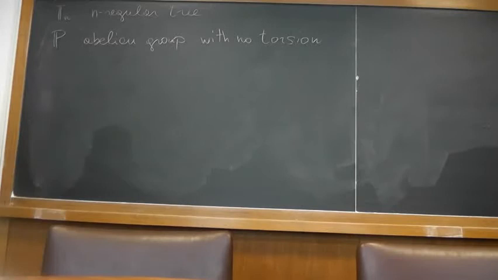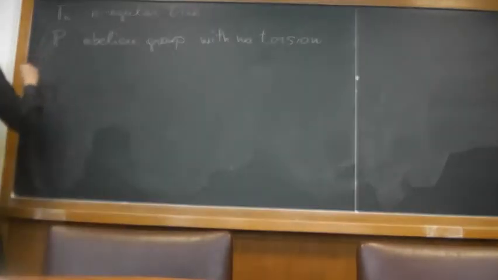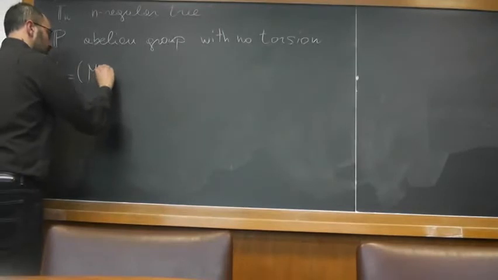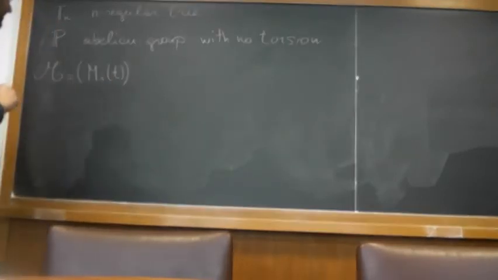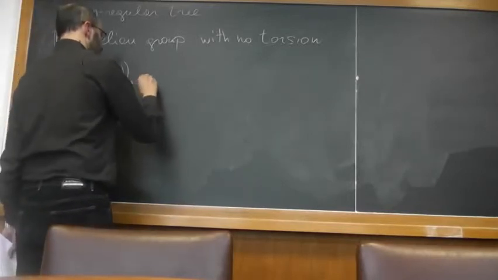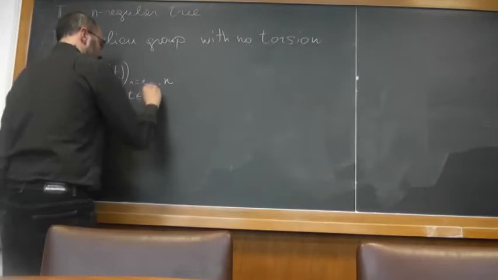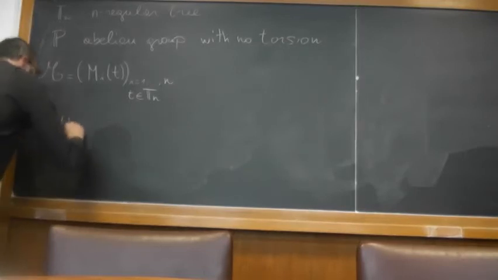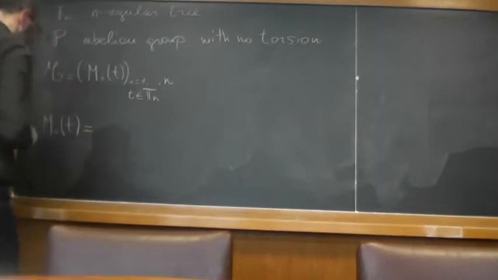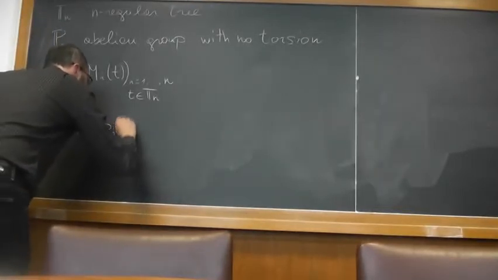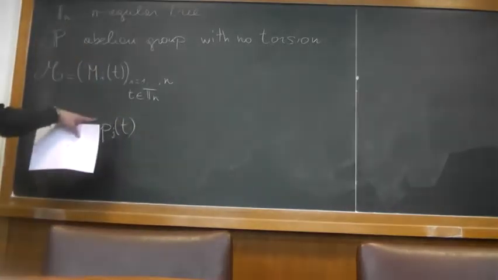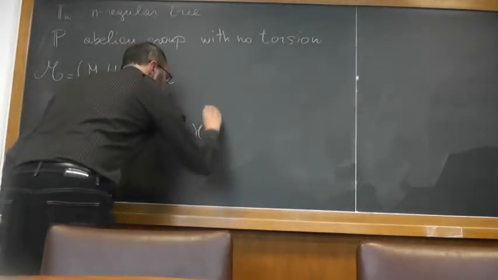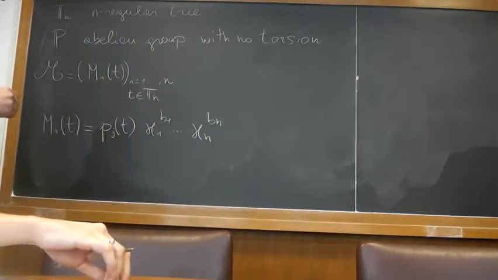And then I gave you the definition of an exchange pattern. M is a family of monomials m_{i,t}, i from 1 to n and t a vertex of the tree Tn, where m_{i,t} is a monomial with a coefficient p_{i,t}, which is an element of P, and then the exponents for the variables.